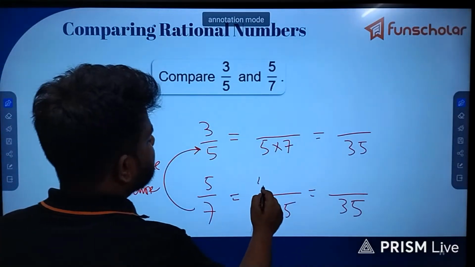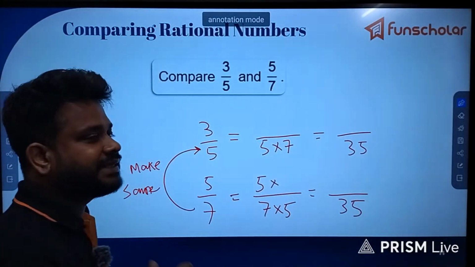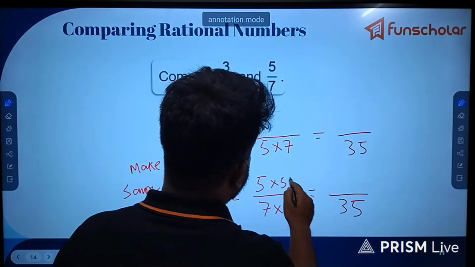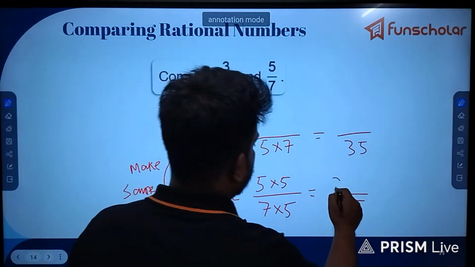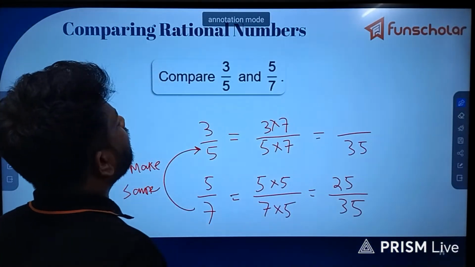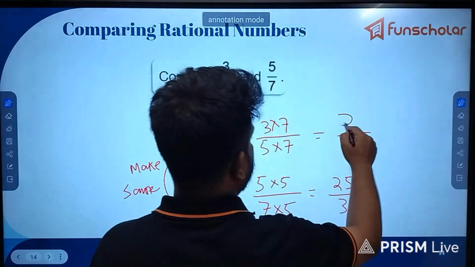And the next thing, you have to multiply the same number in the numerators as well. So in the first case we multiply 5 with 5, it will be 25, and in the other case we multiply 7 with 3, so it will be 21.